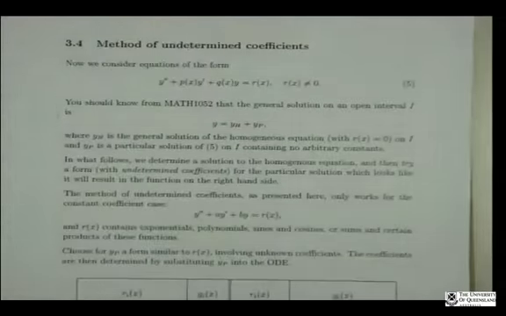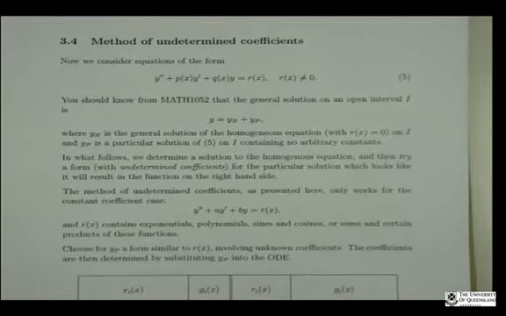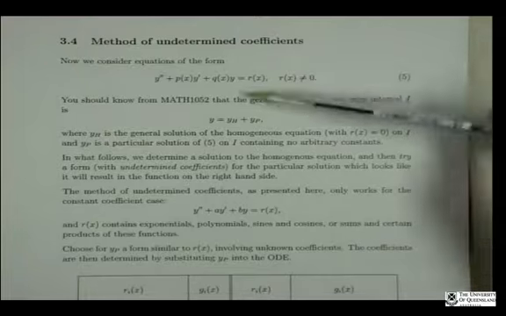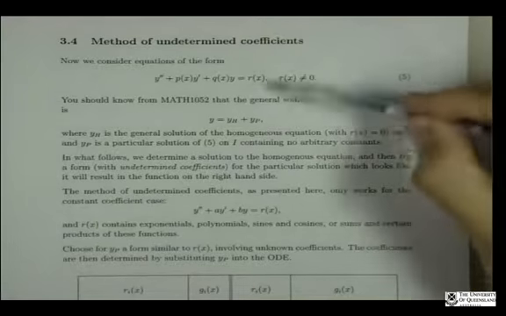Okay, so what we're really interested in this lecture is using this method known as the method of undetermined coefficients to solve these non-homogeneous linear second-order equations. And what it really involves is having a look at the form of that function on the right-hand side.